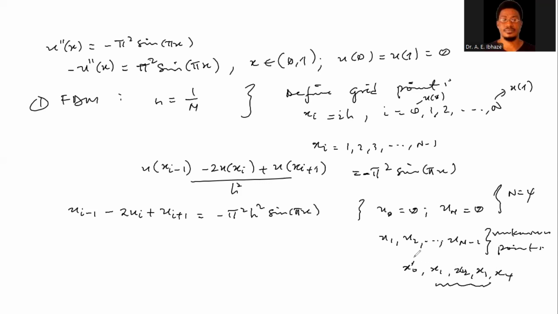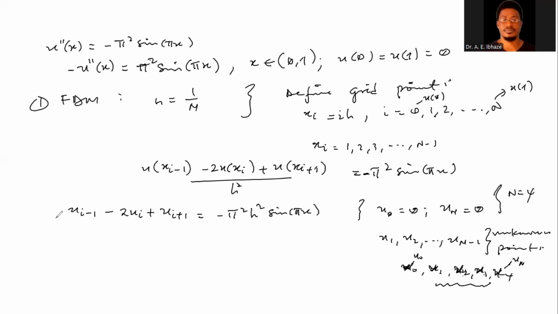So this is u_0, and here we have u_4, so we have 3 points in between. So we have to evaluate for u_1, u_2, and u_3.